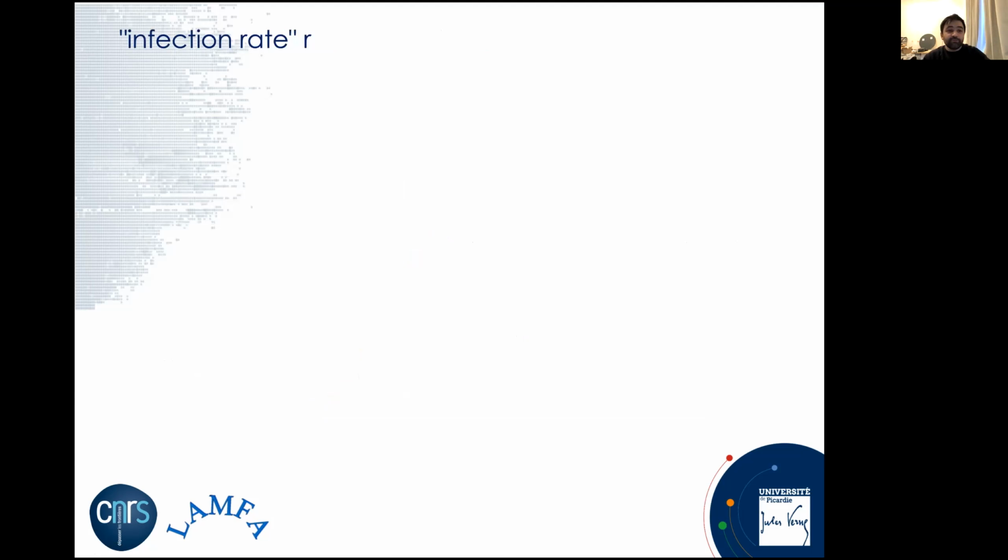And here comes the concept of infection rate. For mathematicians, it's very easy. If S is close to some constant, meaning if you do a linearization, S star would be the equilibrium.